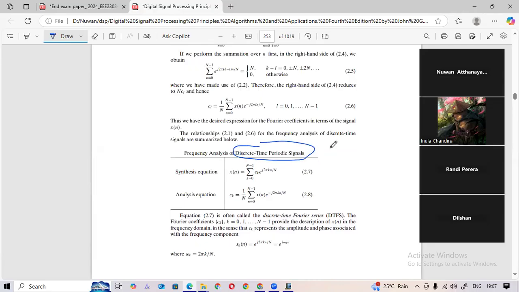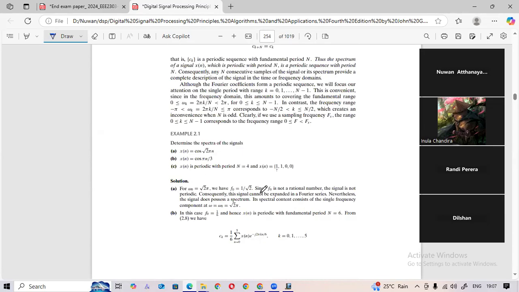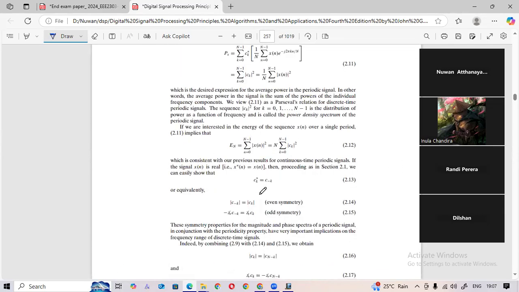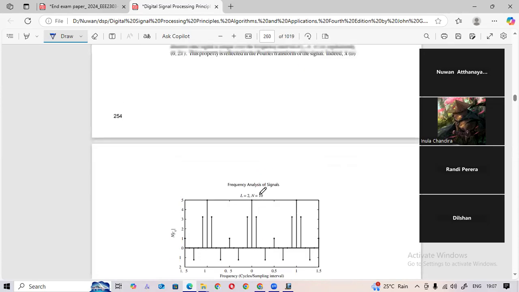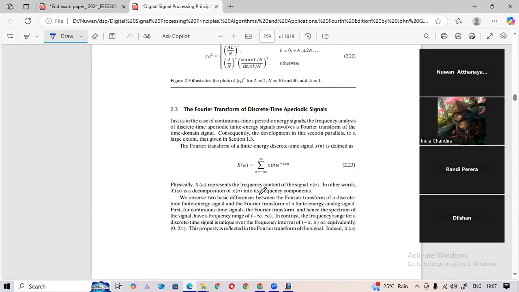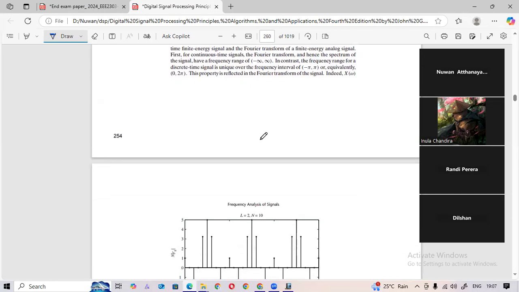This part will not be there. Mostly your questions will depend on this one for the periodic signal.